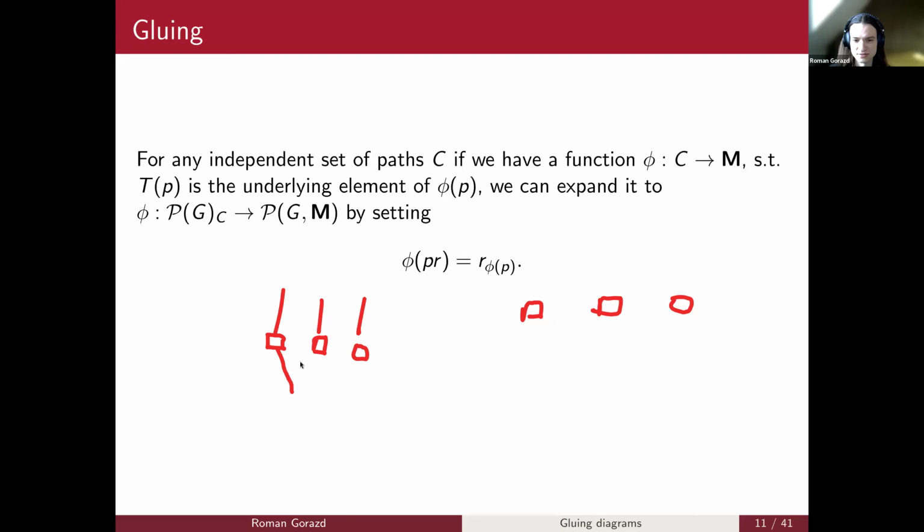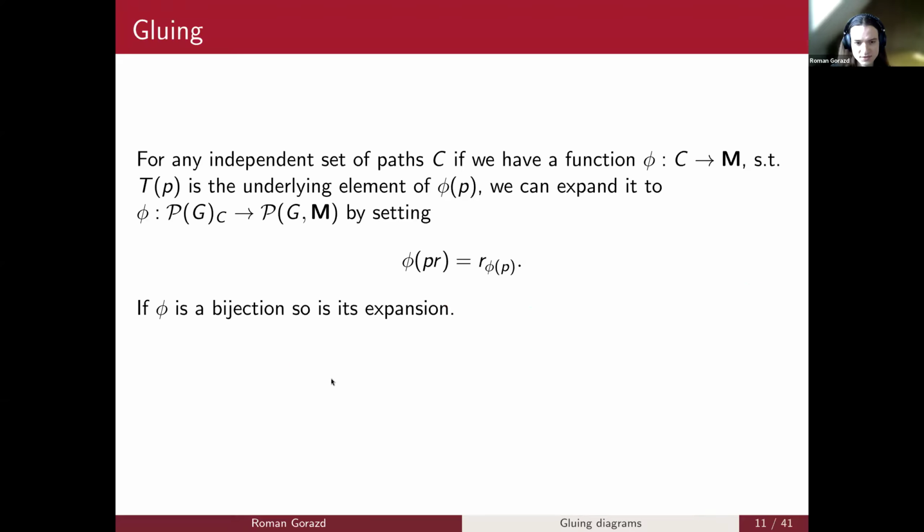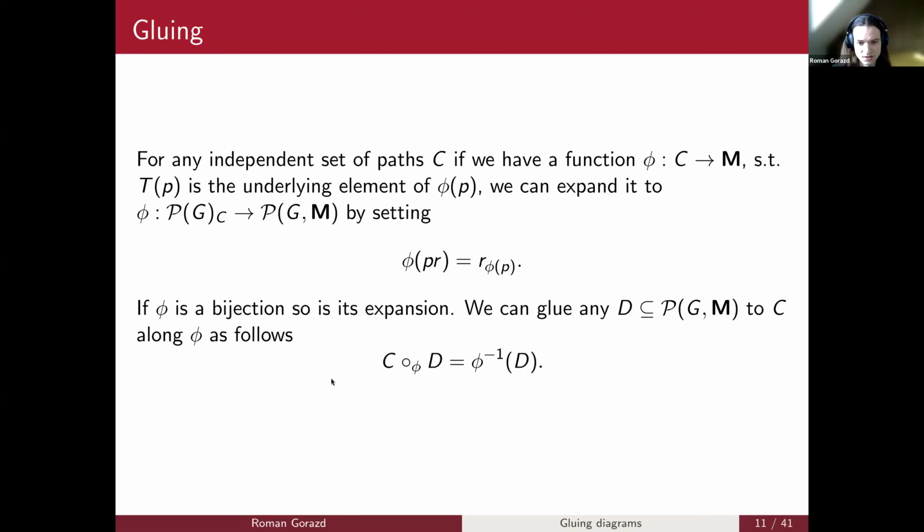Right? So here we can view it as, let's say this square goes to this square here, so this will be M, and then this R would go to this R. And if phi is a bijection, then its expansion to all of these paths is also a bijection. So using this, we can define gluing. If we have a bunch of paths in this multi-path space, we can glue it to C by just taking the inverse image, right?